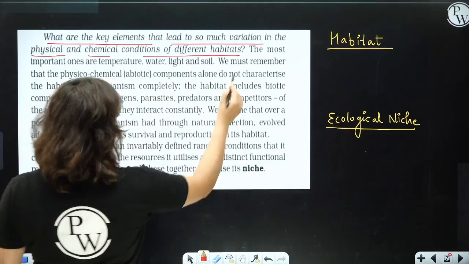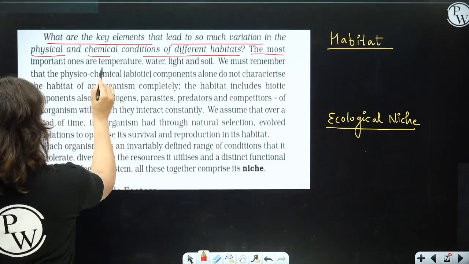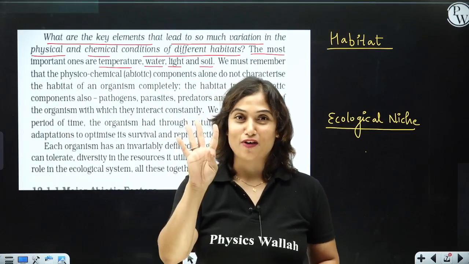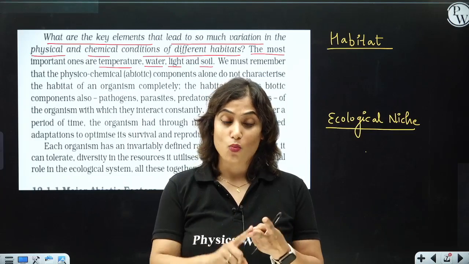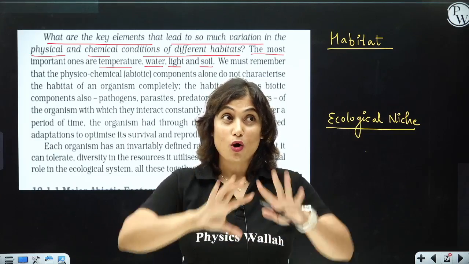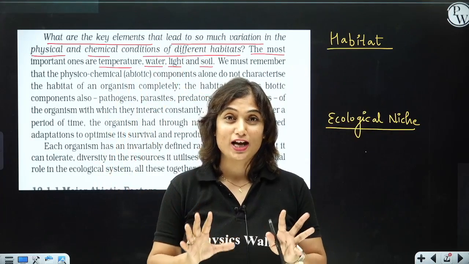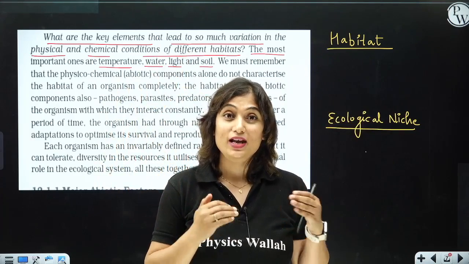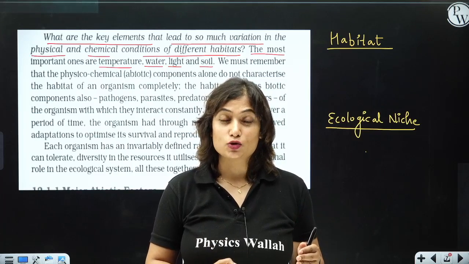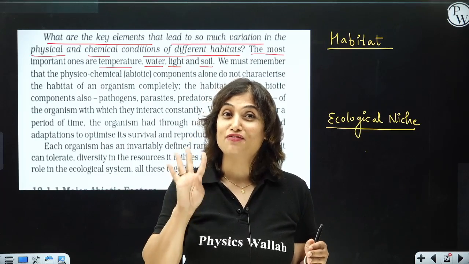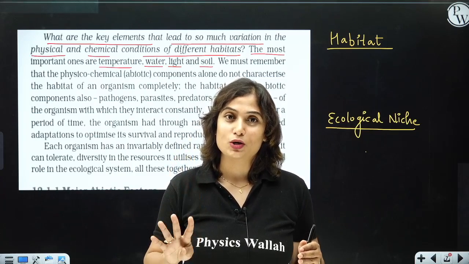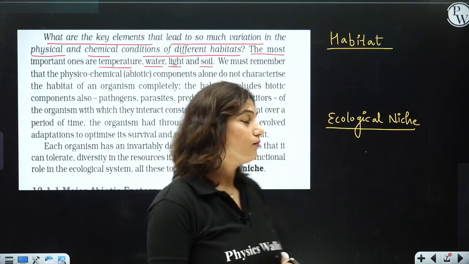The most important ones are temperature, water, light and soil. These are the 4 factors, the temperature, the water, the soil and the light, which decide what kind of biome or ecosystem it will be and what kind of organisms will be present there. These are the 4 major deciding factors.